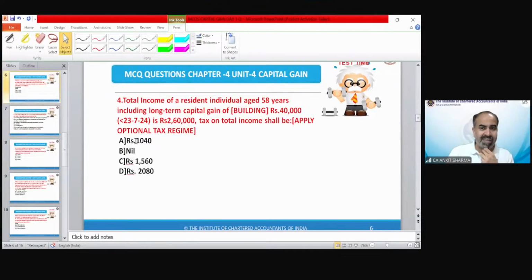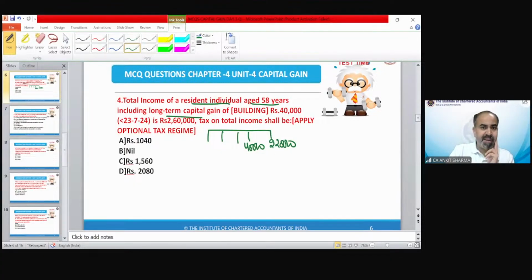Total income of a resident individual aged 58 years, including long-term capital gain of building 40,000, is 2,60,000. So that means in this category of income, we are having 40,000 and 2,20,000. And you are a resident also.